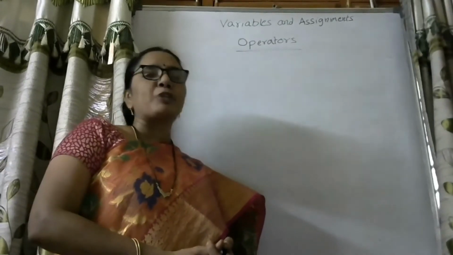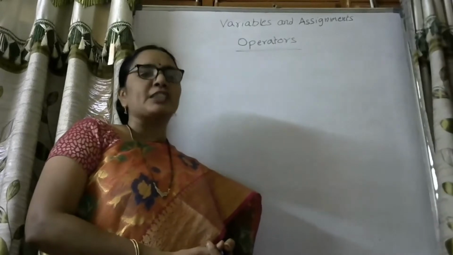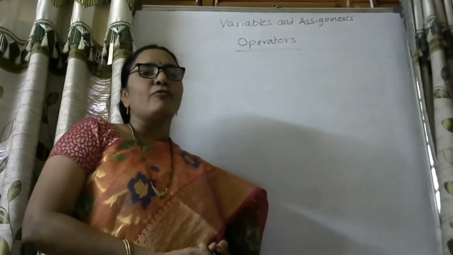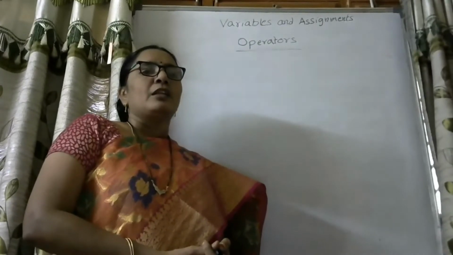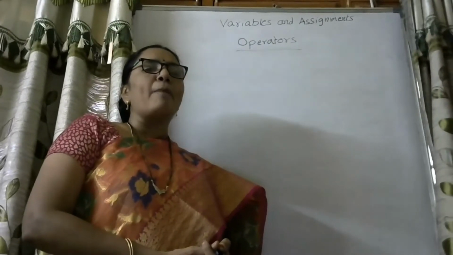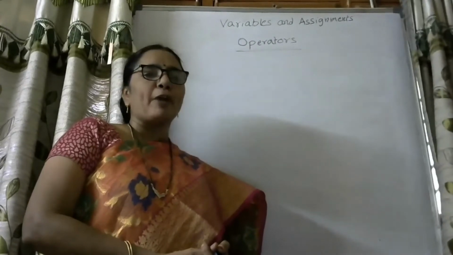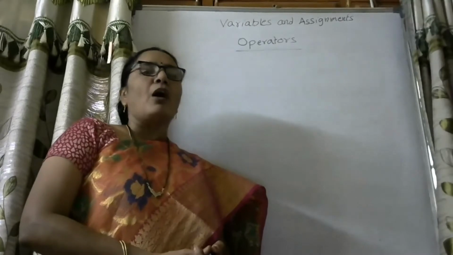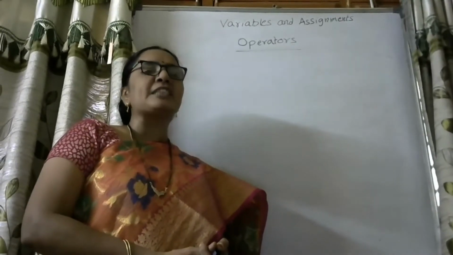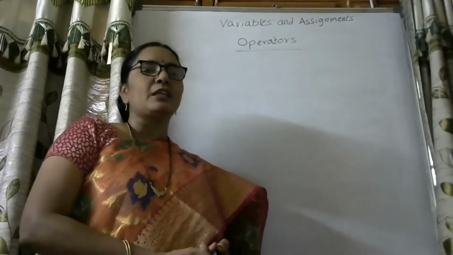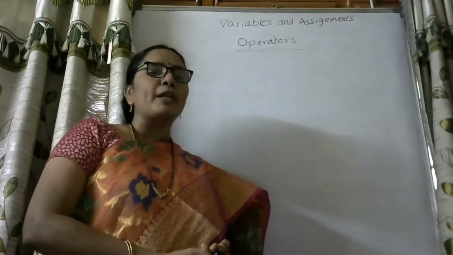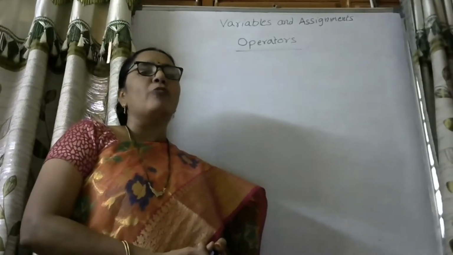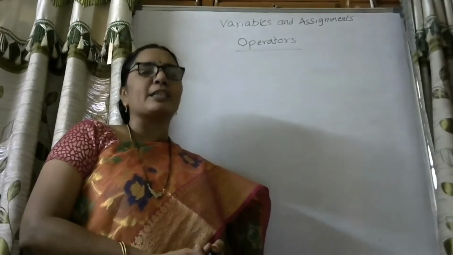Before going to the types of operators, let me define what an operator is. An operator is a special symbol which tells the type of computation to be performed while evaluating the expression.